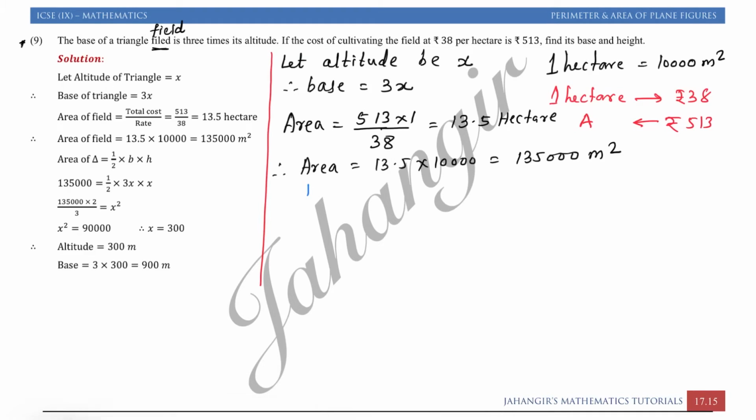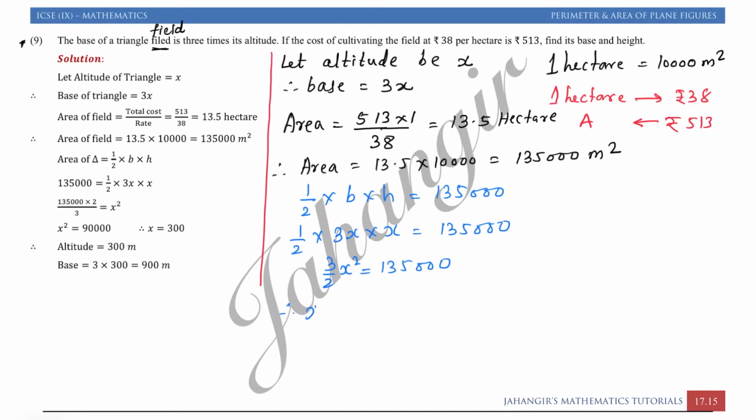So we can say area is half into base into height is equal to 135,000. So half into base 3x into x is equal to 135,000. So therefore we can say 3 by 2 x square is equal to 135,000.